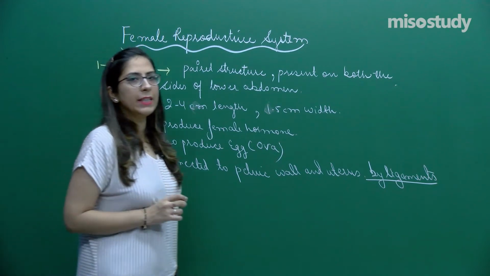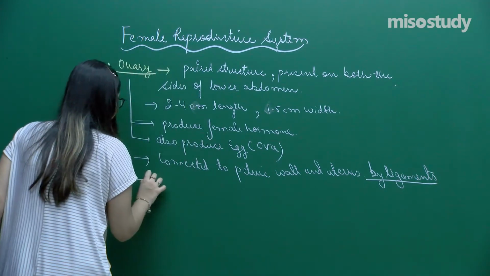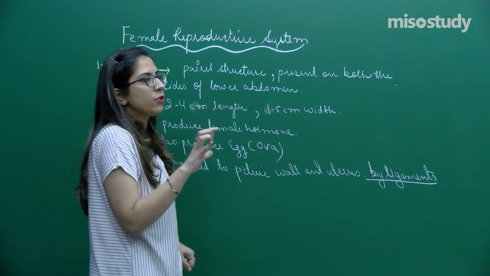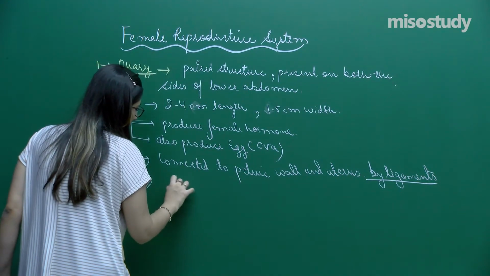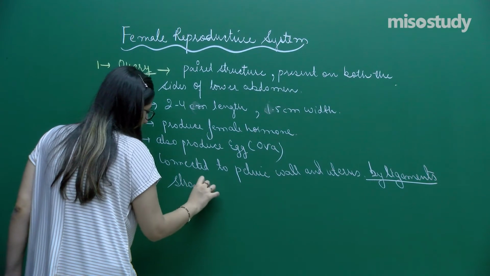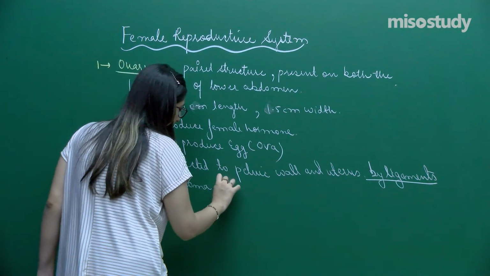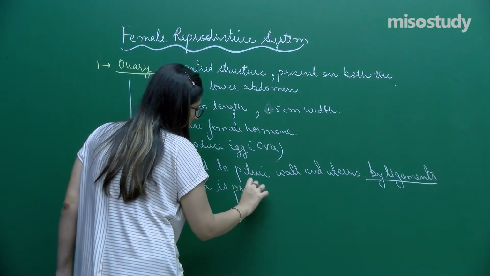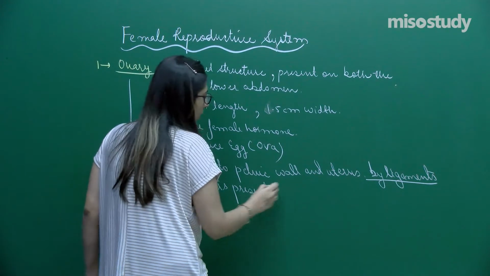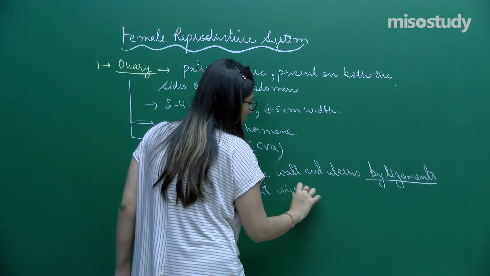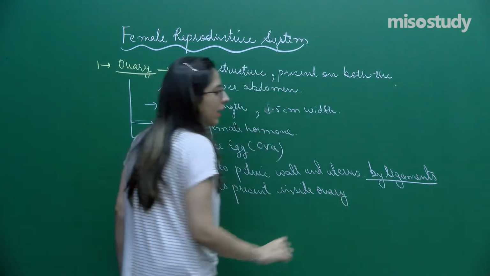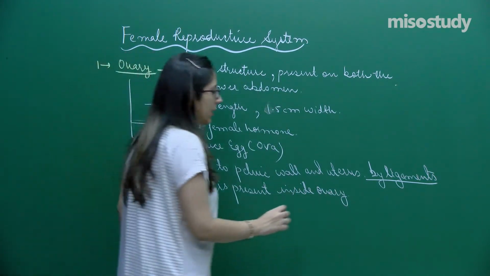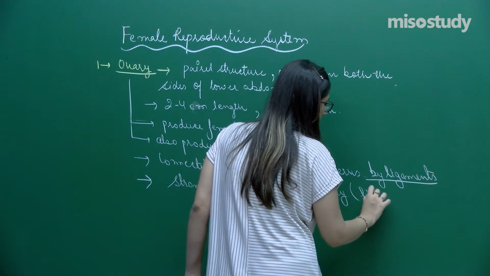Now, when we see the internal structure, the outermost membrane has a stroma inside. Stroma is present inside the ovary, right? And it is lined by epithelium.